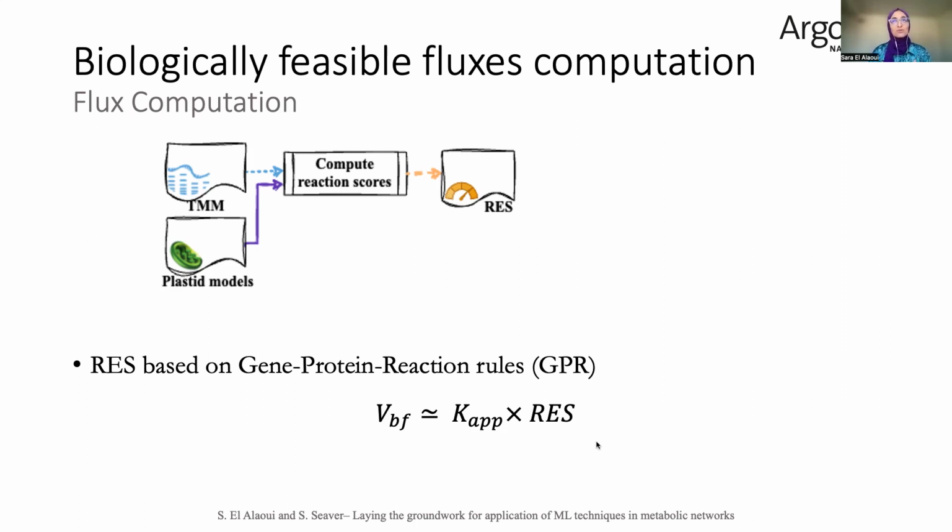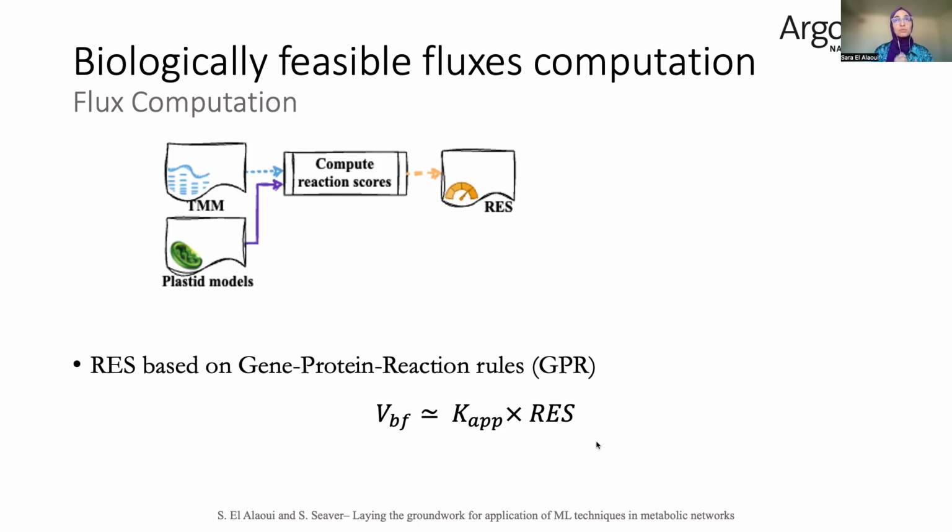You can use some tools for predictions, but we found a work that introduced the apparent catalytic rate. So instead of using kcat times the abundance of the protein, we're using kapp, which is the apparent catalytic rate, times the reaction expression score to compute the biologically feasible flux.